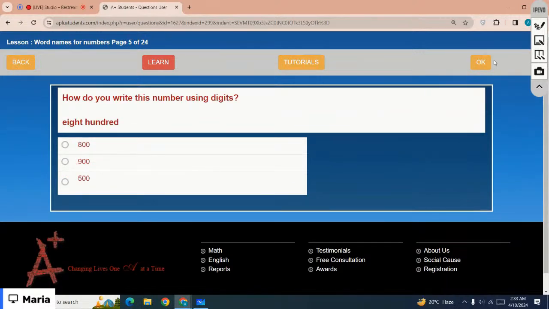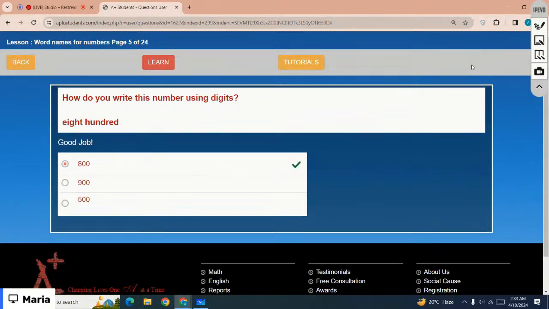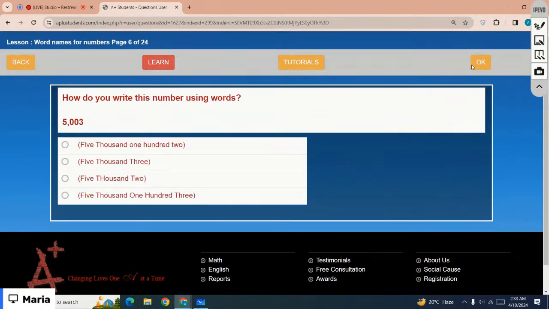How do you write this number using digits? Which is the correct option? Yes, that is option number 1. 800 is the correct option. How do you write this number using words?